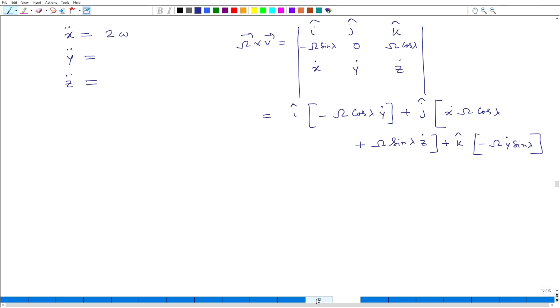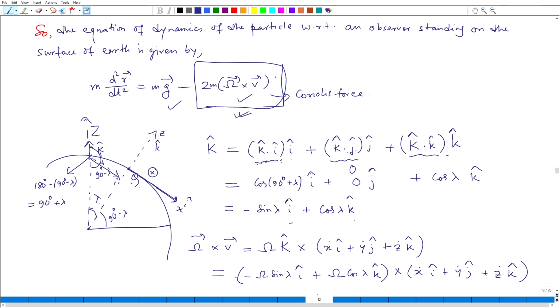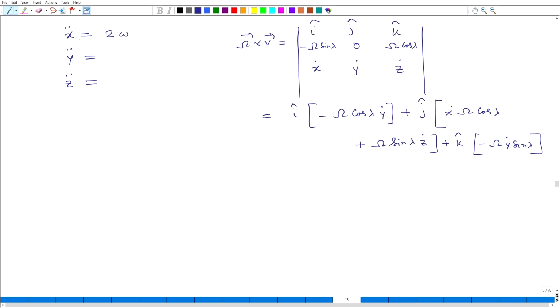You will see that here in this direction you have this g. By definition it will be directed radially inward, which is the minus z direction. If you consider everything, then x double dot will be equal to this, so there should be a minus sign.